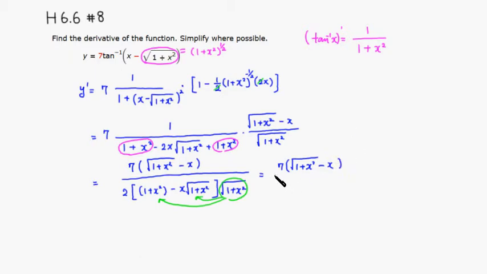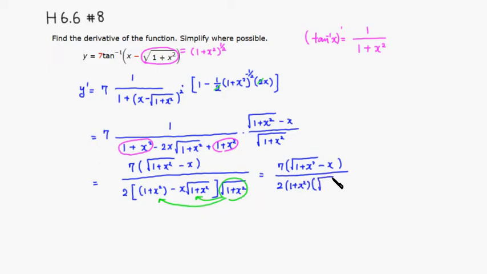Then you have 2. You have square root of 1 plus x squared here, so I'll pull that one out. Actually that's not what I wanted to pull out. I'm going to pull out 1 plus x squared from there.